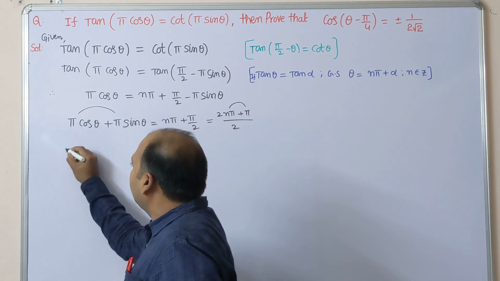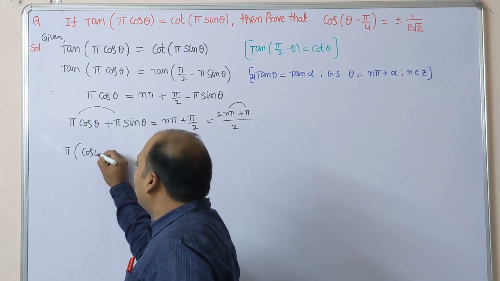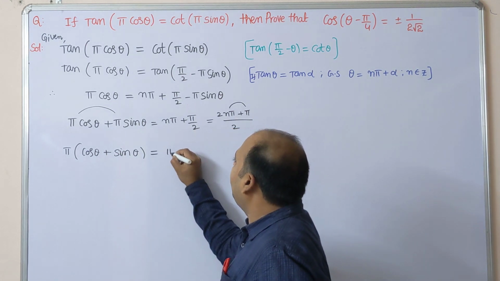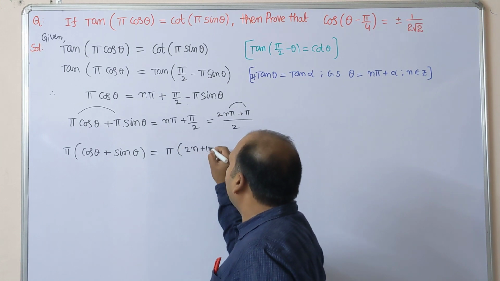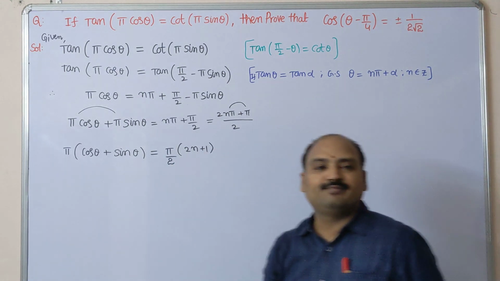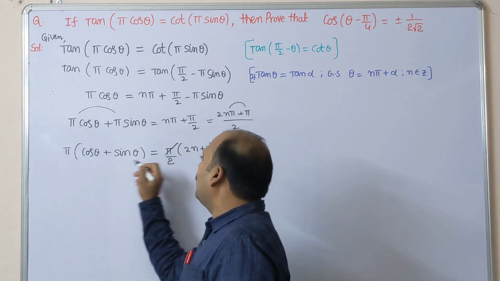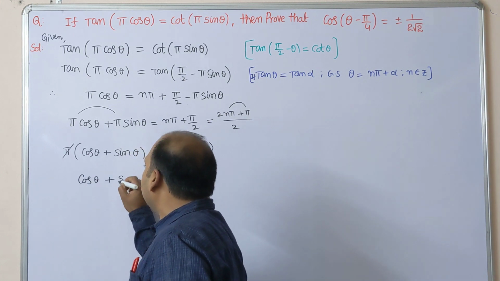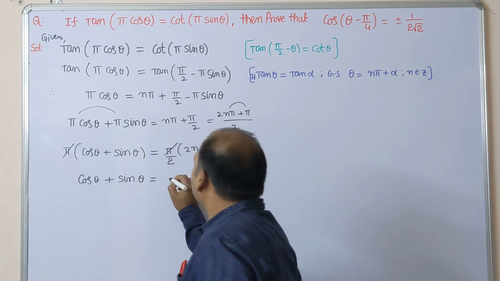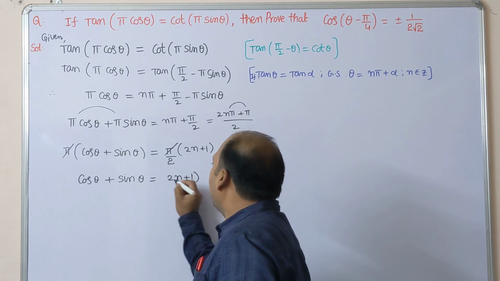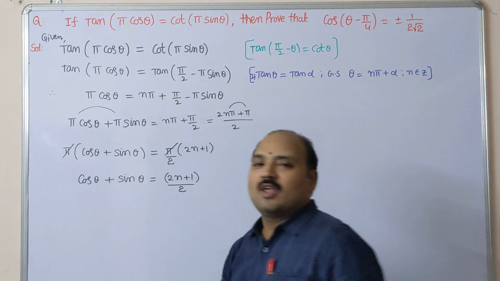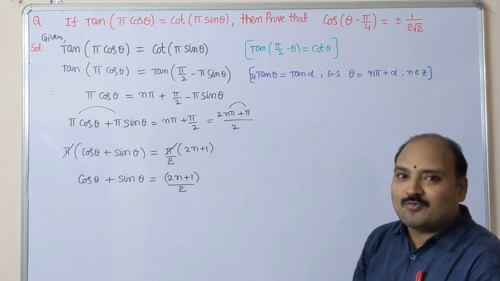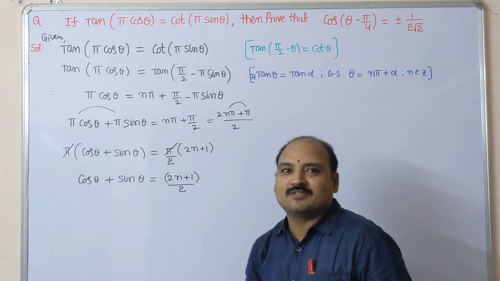Take common pi from here: pi into cos theta plus sin theta is equal to pi into 2n plus 1 divided by 2. Pi cancels on both sides. So cos theta plus sin theta is equal to 2n plus 1 divided by 2. After getting this step, I hope you understand, half of the problem is over. Out of 4 marks, till here you will get 2 marks, dear students.